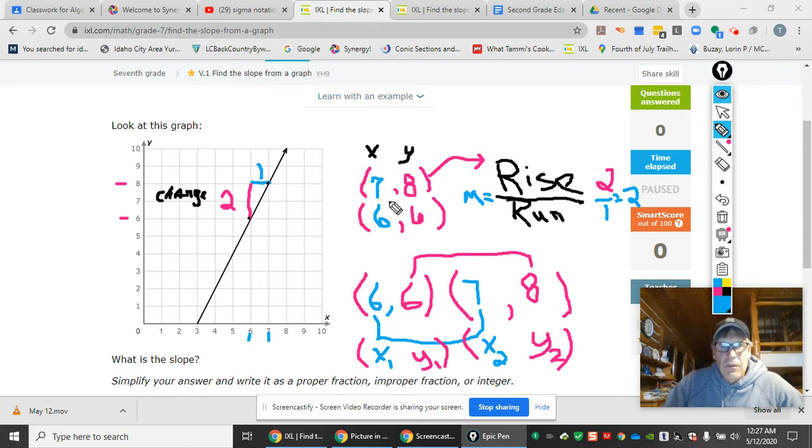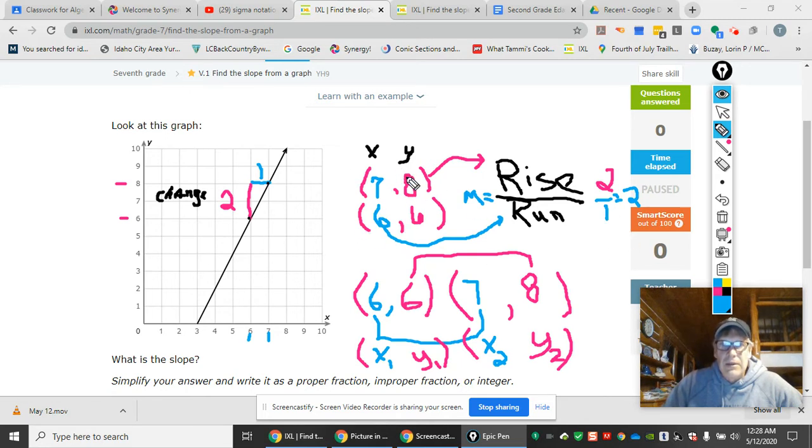And then the change in the x is going to go on the bottom. And that's going to be your run. So where did my rise come from? It came from 8 subtract 6. And where did your run come from? Well, I'm going to take 7 and subtract 6. And there's my 1. All right?